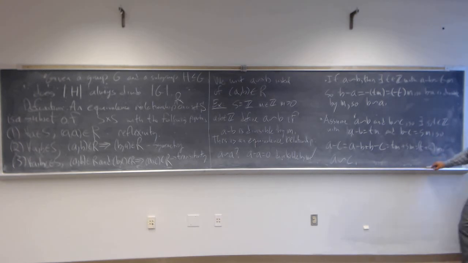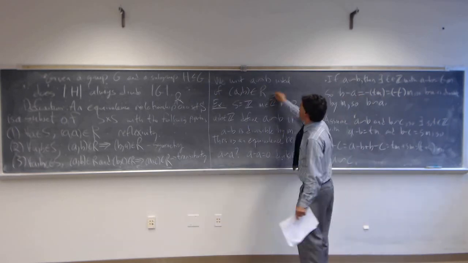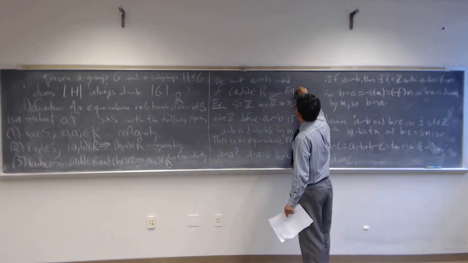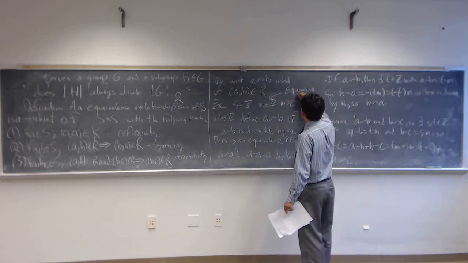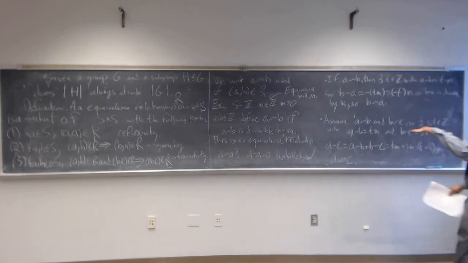This equivalence relation is just called equivalence mod M. So each positive integer gives us a different equivalence relation.